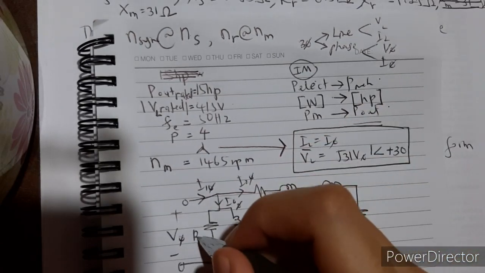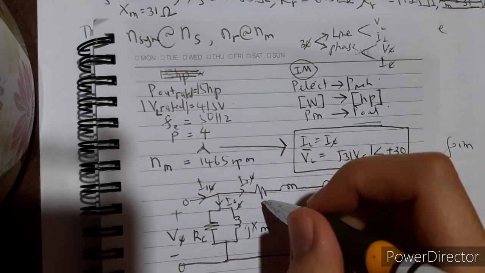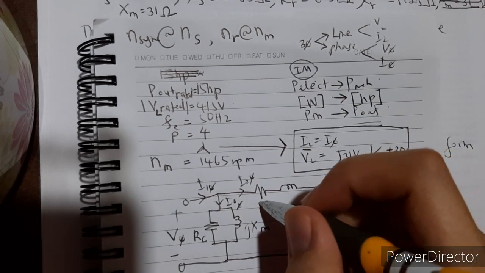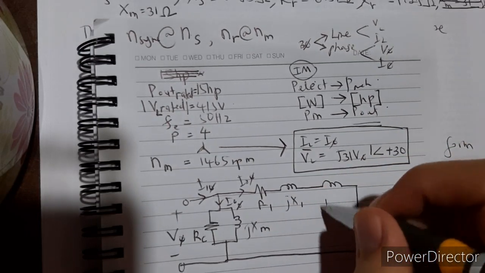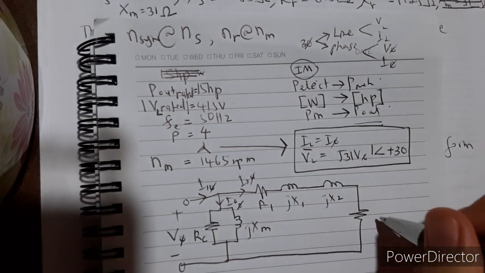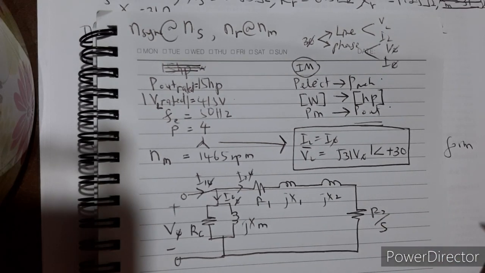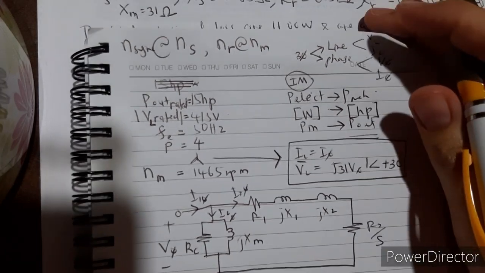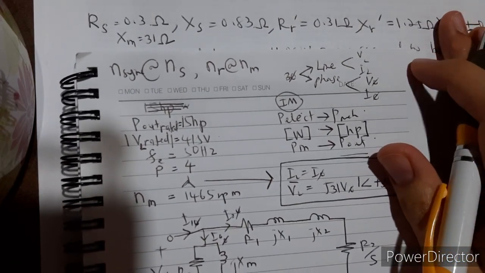And here we have RC, jXM, R1, jX1, jX2 and R2 over S. Now it's time for you to label. That's the given value.